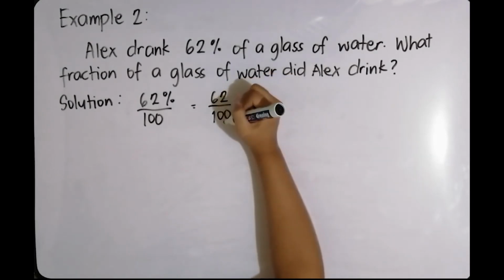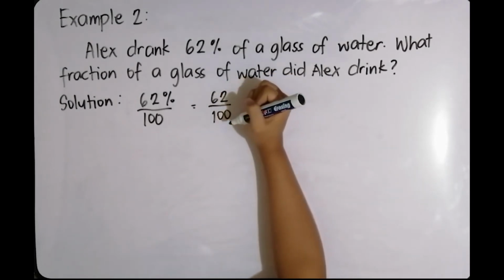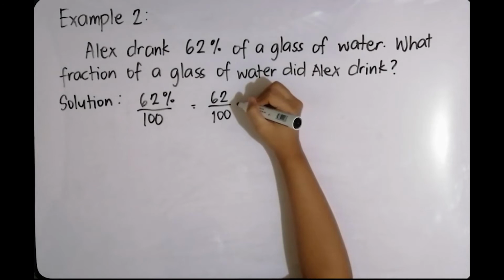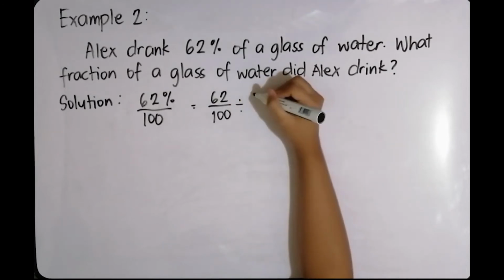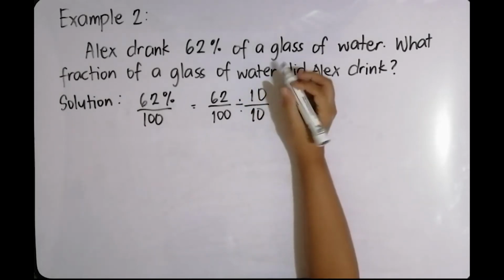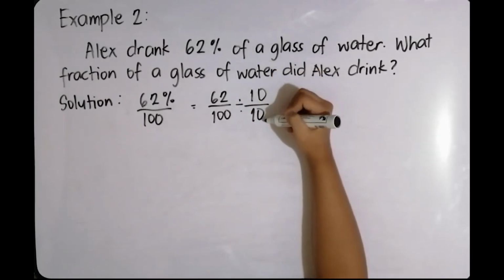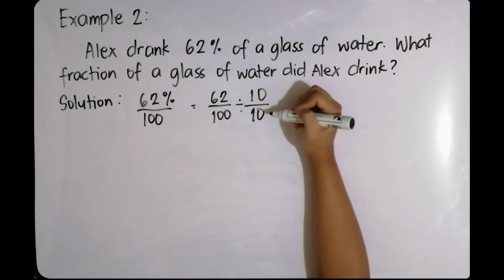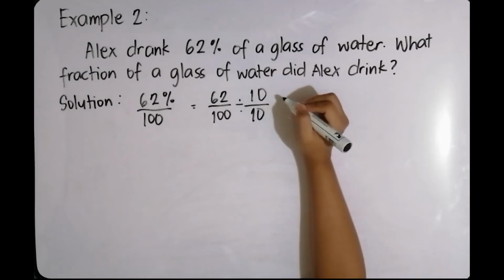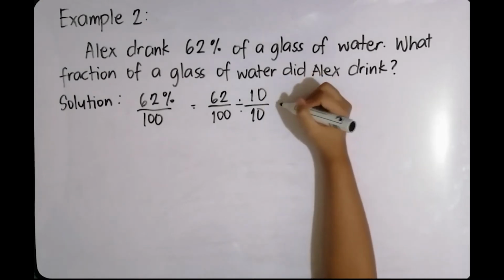Then we need to get the simplified form of this fraction. How would that be? Let's divide both numerator and denominator by 10. This 10 over 10 is simply 1, so it will not affect the value. It will just simplify our fraction.